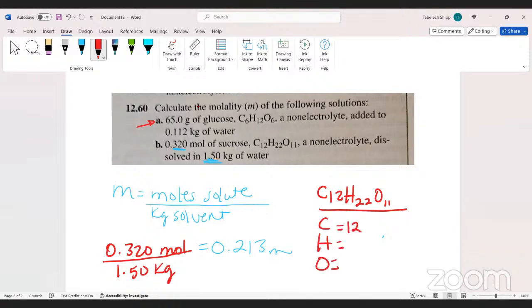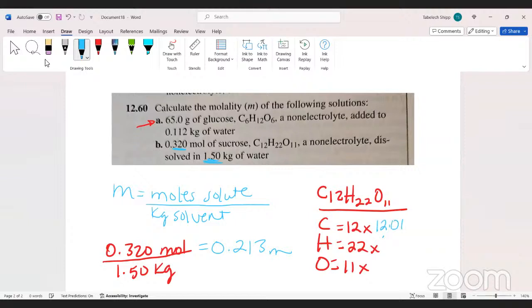You've got 12 carbons, you've got 22 hydrogens, and 11 oxygens. You're going to multiply each of them by their respective numbers from the periodic table in terms of their weights, their molar mass.